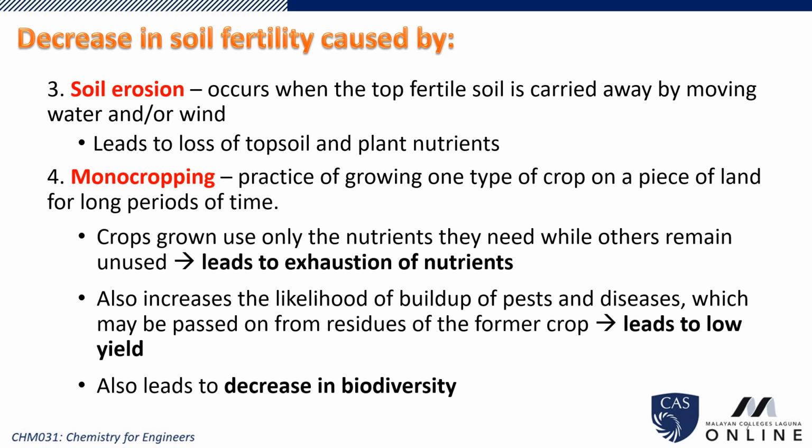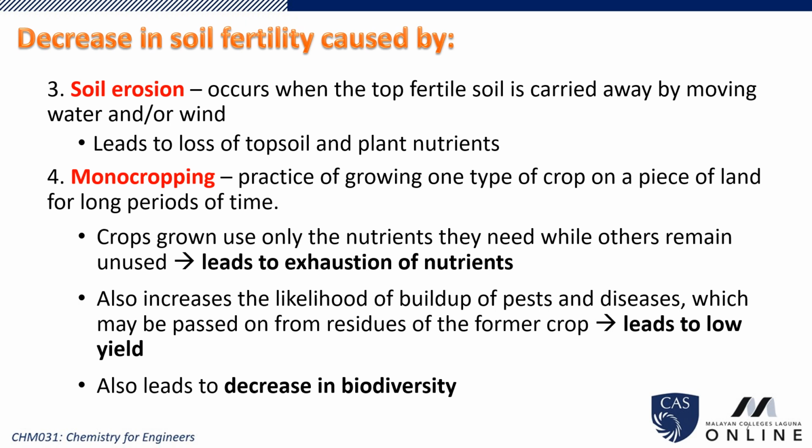A problem with monocropping is that one type of crop on a piece of land actually degrades the quality of the soil. Crops grown use only the nutrients they need while others remain unused, and this leads to the exhaustion of the nutrients.